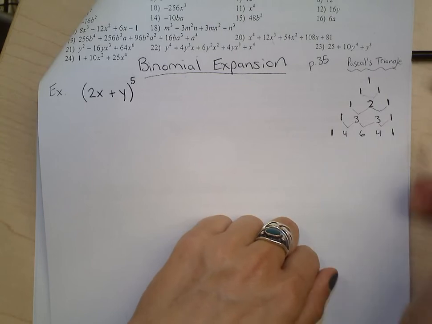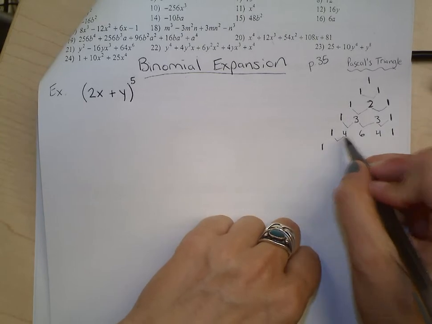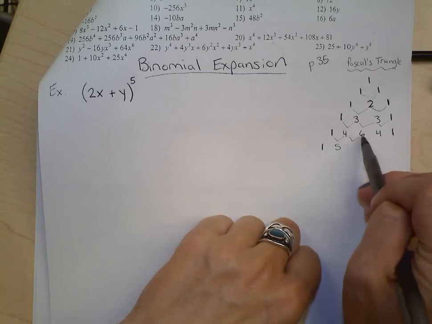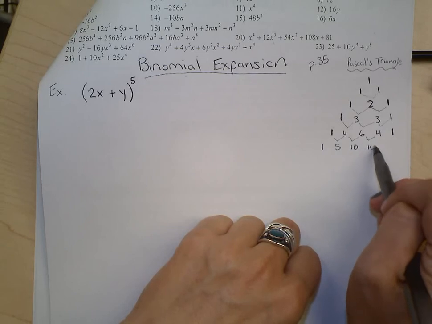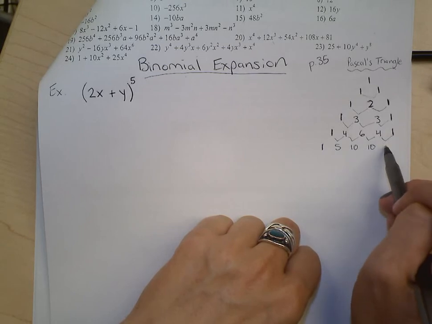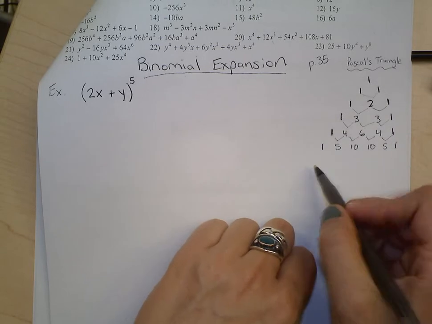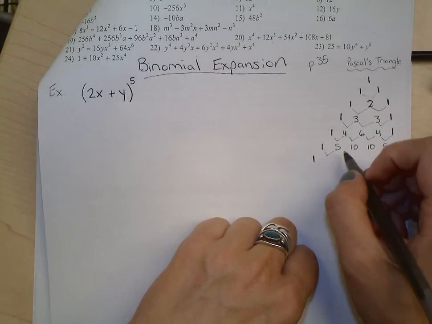Adding a new row, I start with a 1. I add what's above. 1 plus 4 is 5. 4 plus 6 is 10. 6 plus 4 is 10. 4 plus 1 is 5. And I end with a 1. My new row, I start with a 1. I add the 1 and the 5 and I get a 6.